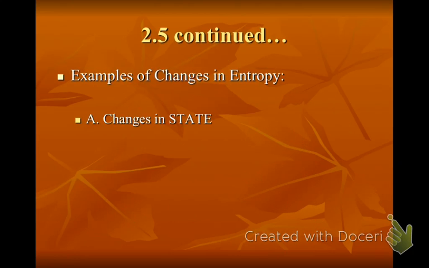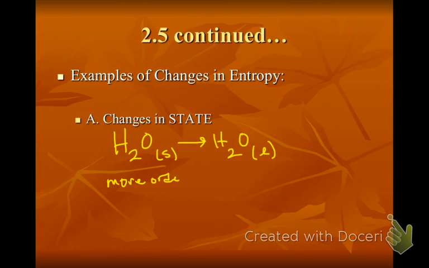For example, if we have a change in state. So let's say we have water, and we're going to have some melting water. Now, if I just look at the fact that water is going from a solid to a liquid, water as a solid is more ordered than water liquid because those molecules are not as in a nice, neat structure. They're more spread out.